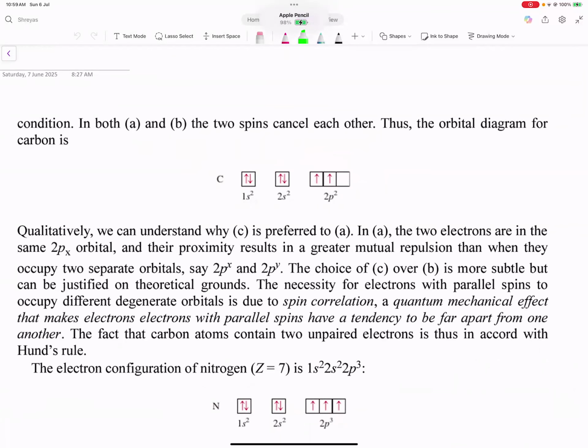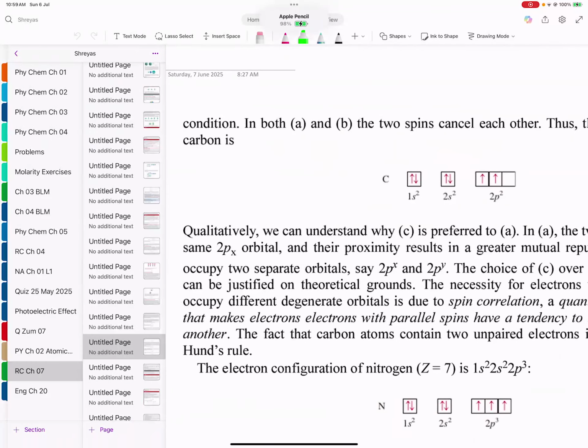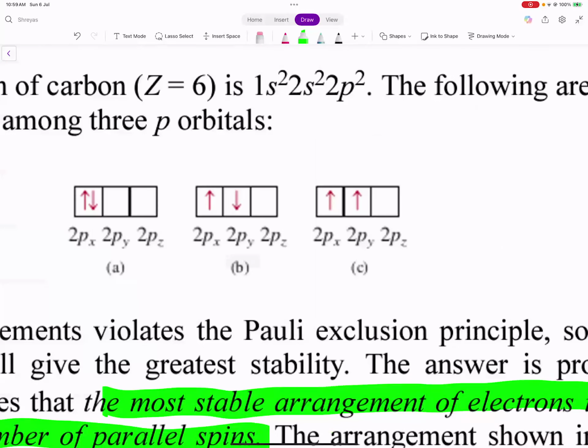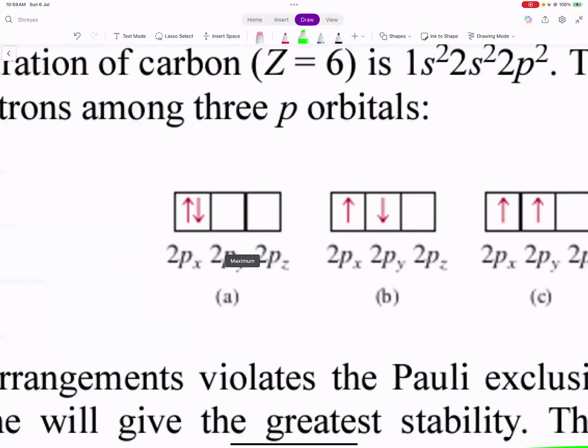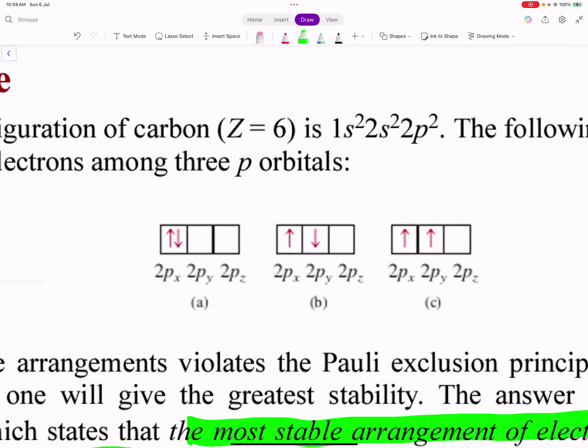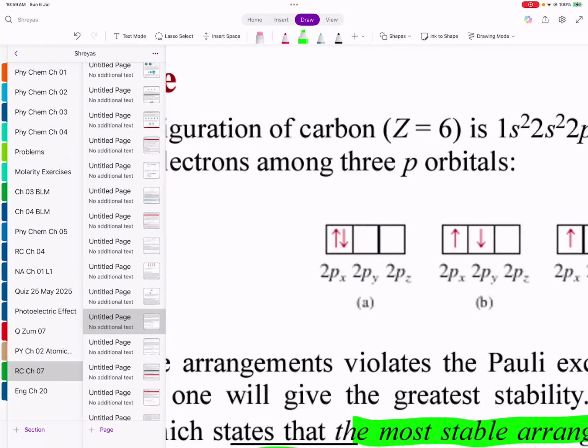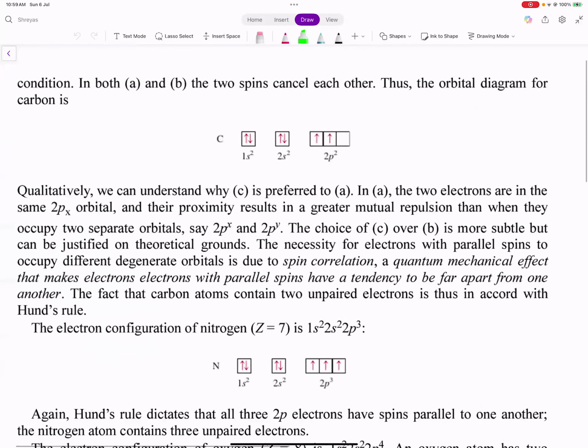Let's go back to this. Here we can understand that if they are in the same orbital, they will have larger repulsion. So A will have maximum energy, maximum repulsion. So it has to be between B or C. B doesn't have the parallel spin. The choice of C over B is more subtle, but can be justified on theoretical grounds.